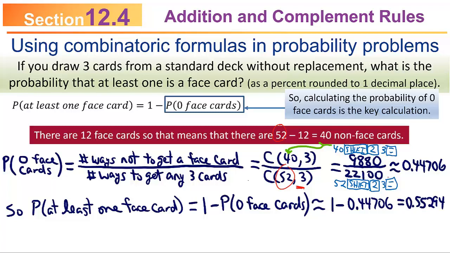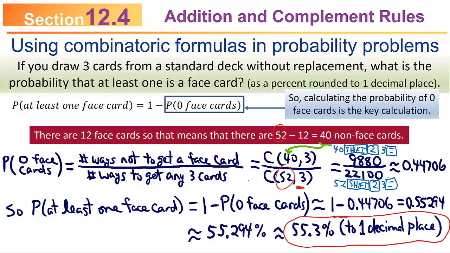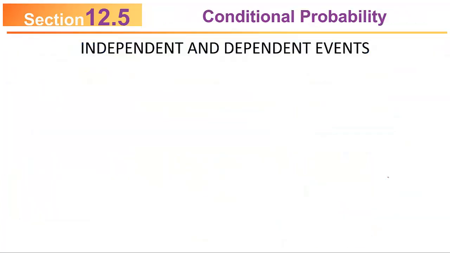You're still not ready to round, because it says to give your answer as a percent rounded to 1 decimal place. So you first change it to percent and then you round. You sort of see now why I'm emphasizing how important it is to carry plenty of decimal places. Now change it to percent, which means you move the decimal place 2 places to the right, and finally you round that to 1 decimal place.